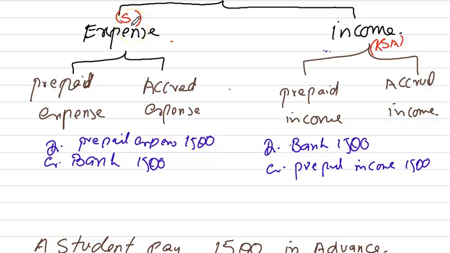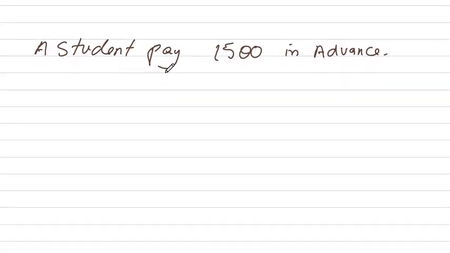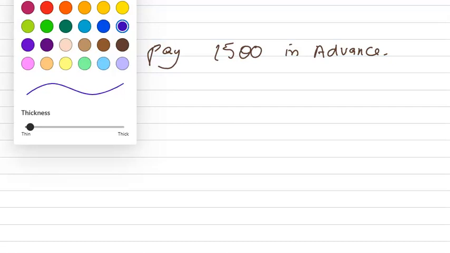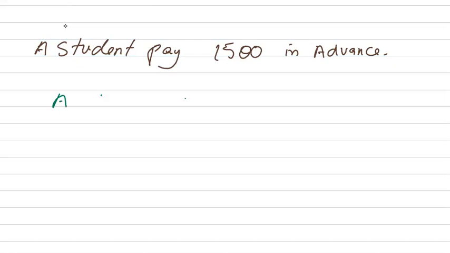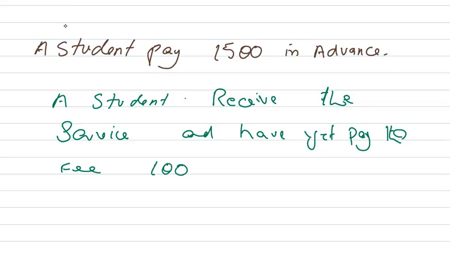Same. I will write another example. Let's say the next example: a student received the services and has not yet paid the fee, estimated at 1000.